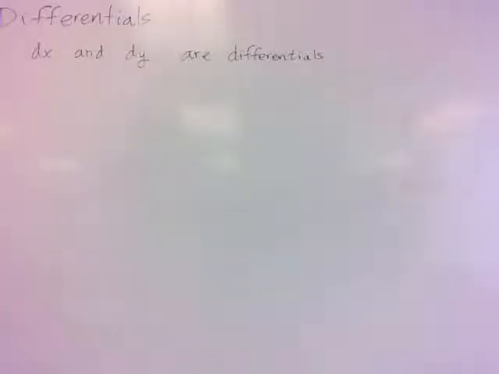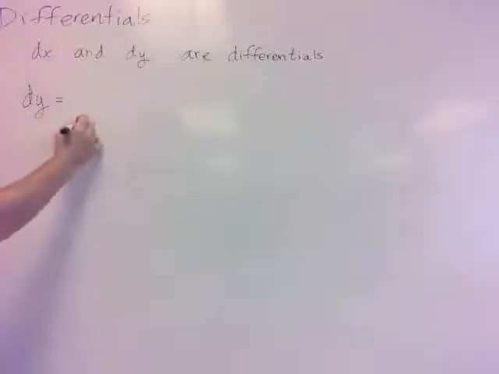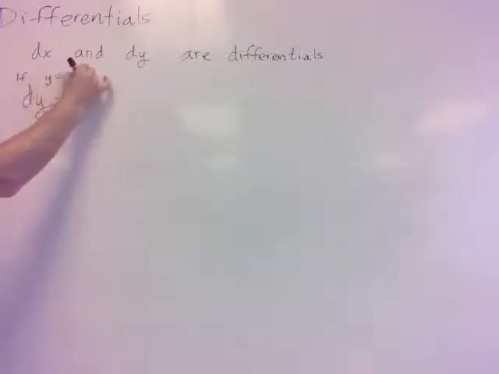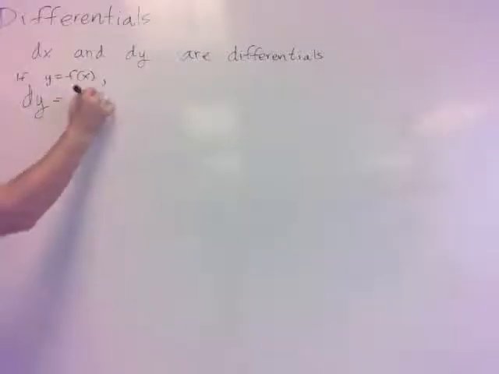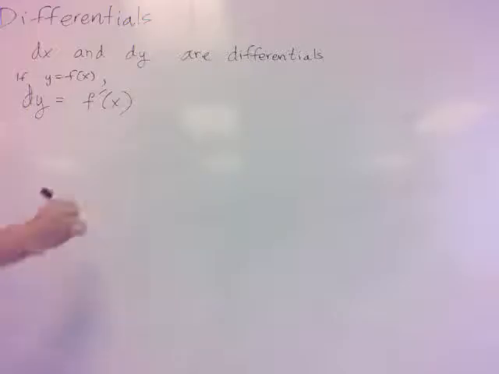All right. There's a relationship then also between the differential dx and the differential dy, and here's what it is. If y equals f of x, then dy equals the derivative at x times dx.